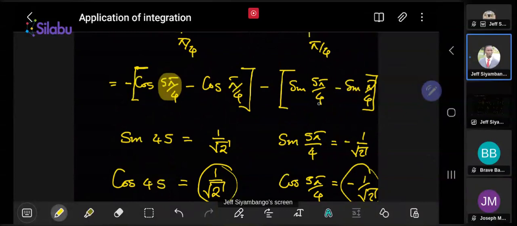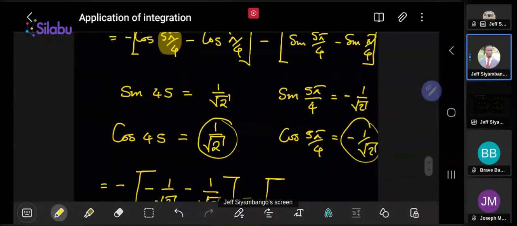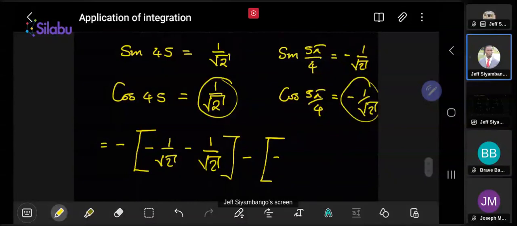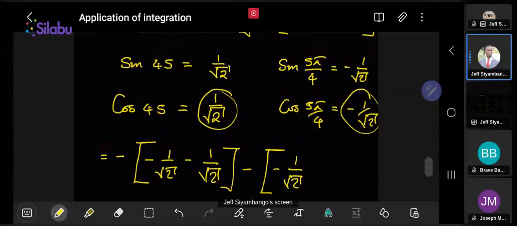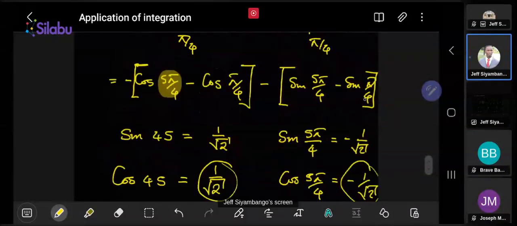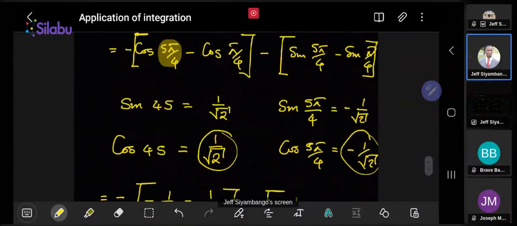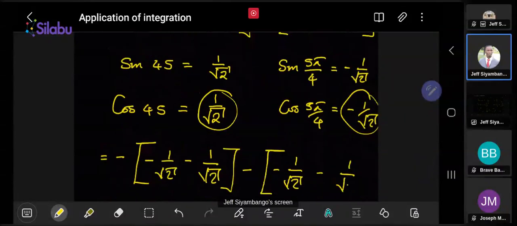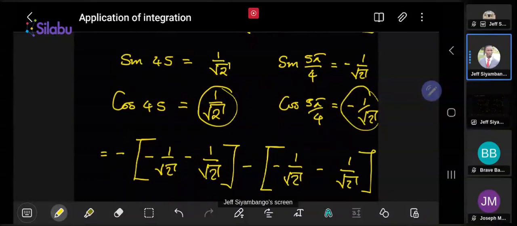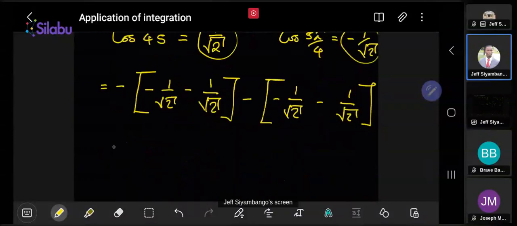Again, this is negative, so we have minus 1 over root 2, and then minus sine pi over 4, again that's 1 over root 2. Okay, now we just simplify these. So the minus will just make sure that everything here is positive.